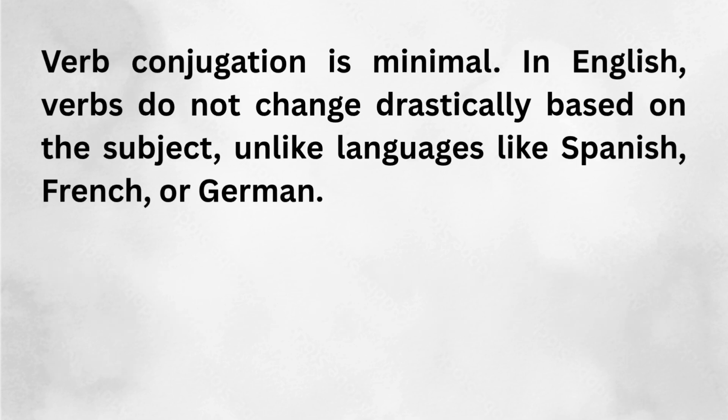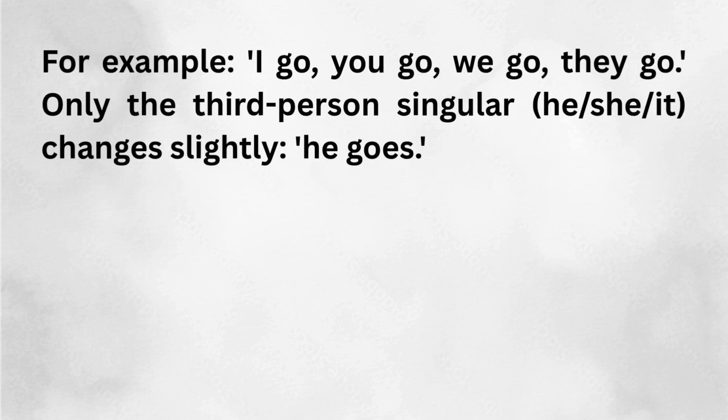Verb conjugation is minimal. In English, verbs do not change drastically based on the subject, unlike languages like Spanish, French, or German. For example, I go, you go, we go, they go. Only the third person singular, he, she, it, changes slightly.